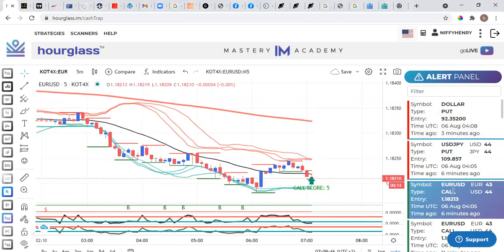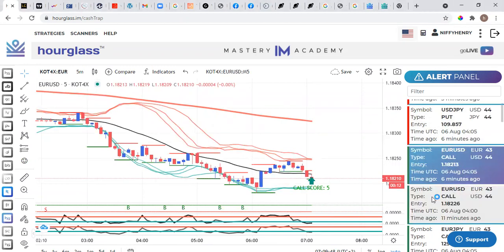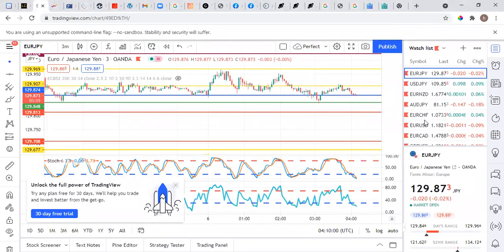You can see USD is giving me a signal call. It's giving me a 5-point signal. Let me check my TradingView. TradingView gives me an idea of where the currency is at. Although you also see it on Hourglass, I just prefer to use TradingView.